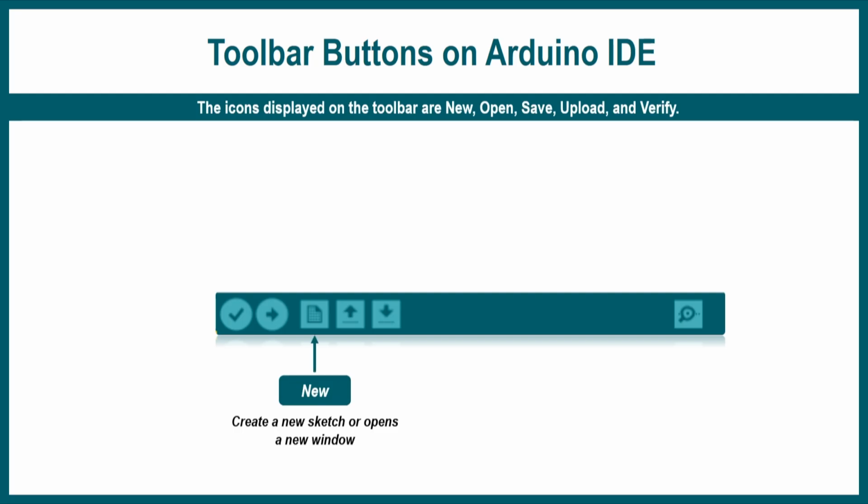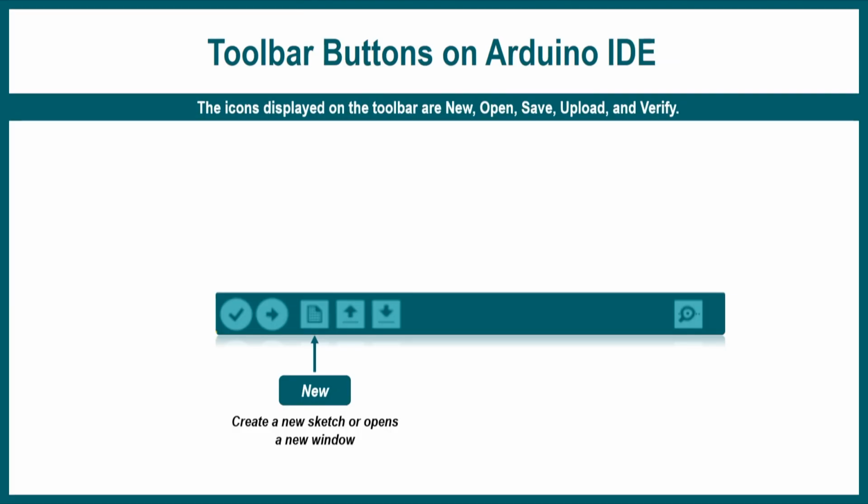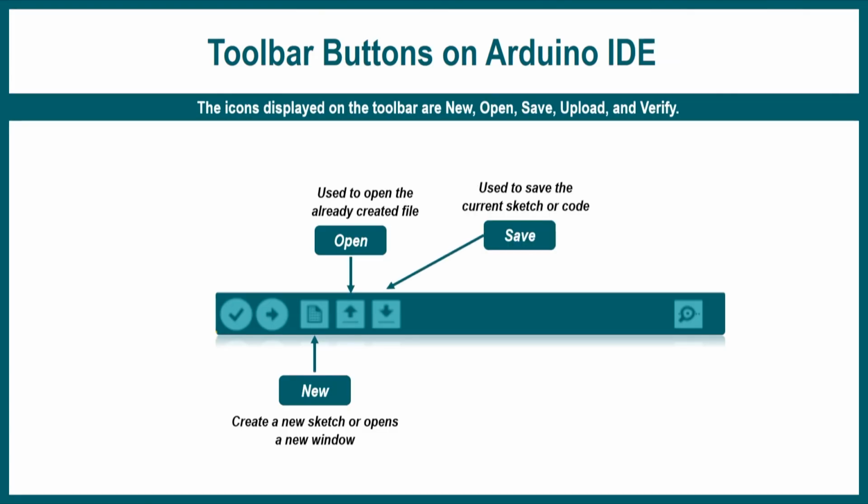It means when you have to write a new code, you can open a new sketch window by clicking on this new option. Other than this, we have an open option over here, which will help you to open up any existing code that you have saved inside your system during your previous sessions probably. And the last one we have is the save button, which will help you to save your documents or sketch instantly on your system so that you can access them in future anytime.